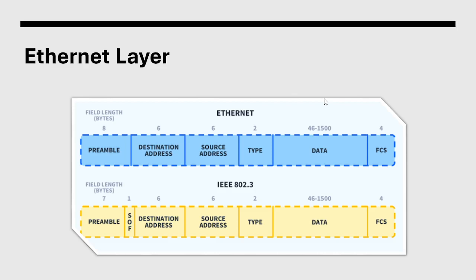In the beginning, there is a preamble, which is just a predetermined sequence that precedes the packet. Then there is a destination address, which is where this packet is headed, a source address, which indicates where this packet is coming from, and the type, which may indicate various types of packets, like IP or maybe other types of packets, and so on and so forth.